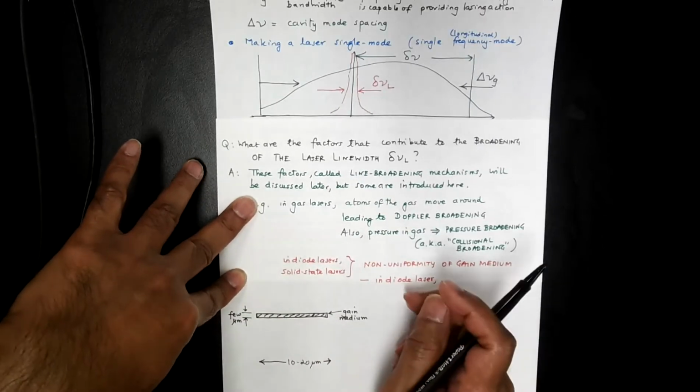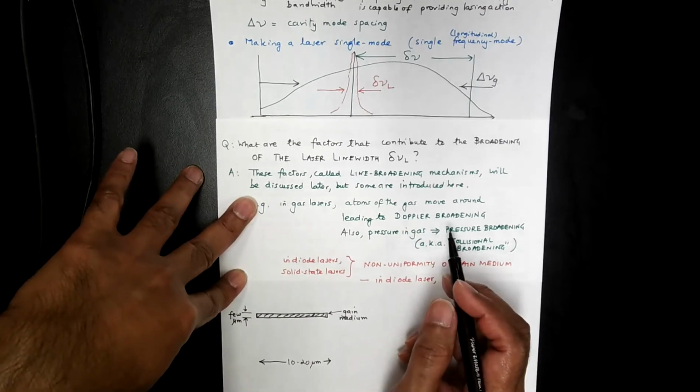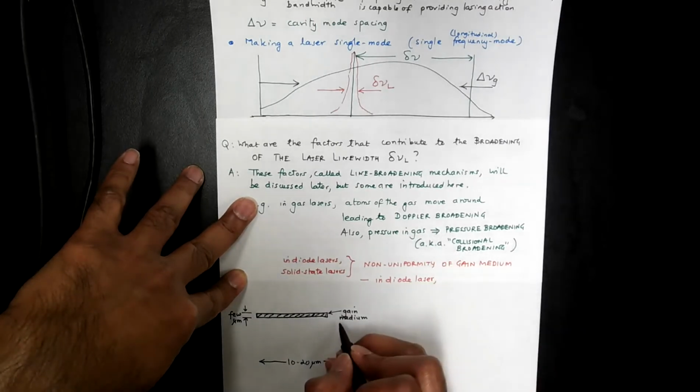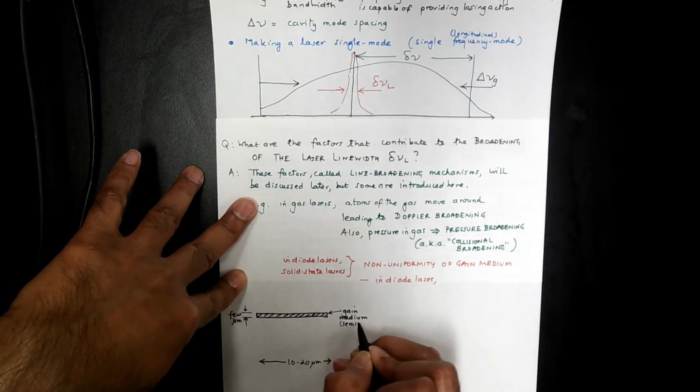Okay, so that's typically what it might be like. And the gain medium is some kind of semiconductor.